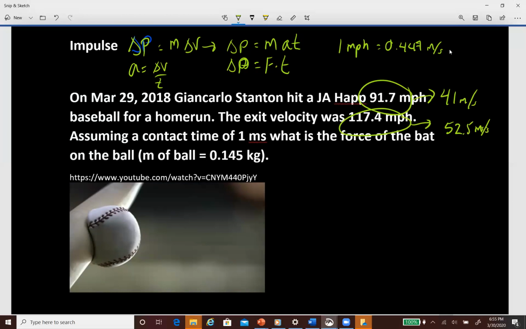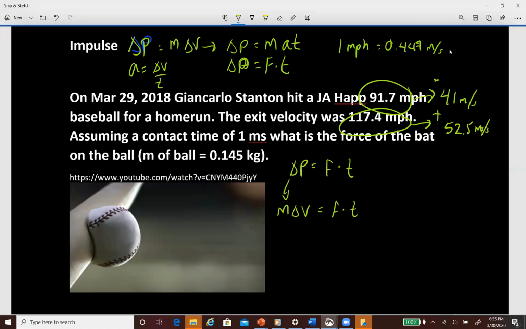Now, if the ball is coming one way, and the bat hits it, and the ball goes the exact opposite way, we're going to assume that for simplicity's sake. Then the initial direction, maybe we'll make that negative, and the final direction will be positive. They have to have opposite signs because they're moving in opposite directions. So if we set up an equation where delta P is equal to F times t, delta P is mass times the change in velocity, which is equal to force times time.